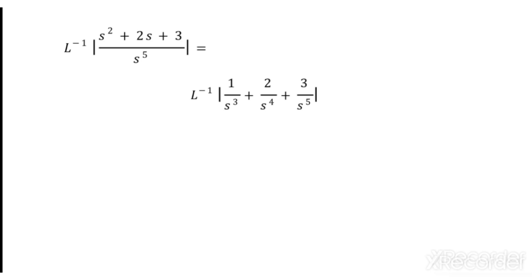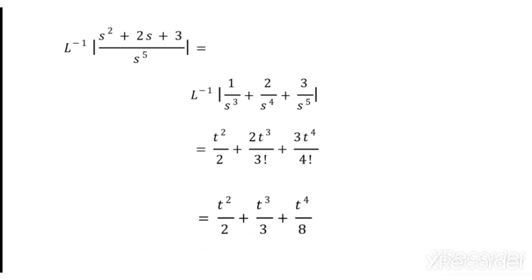Applying the 1 over s power n result, that is t power n minus 1 by n minus 1 factorial, I have t square by 2 factorial, then 2 times t cube by 3 factorial, 3 times t power 4 by 4 factorial. Which gives t square by 2 plus t cube by 3 plus t power 4 by 8.